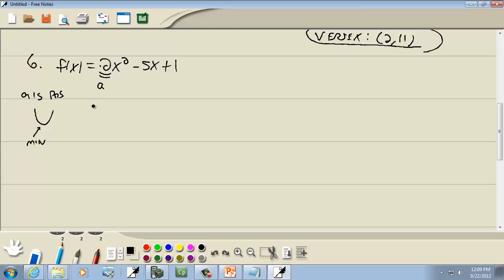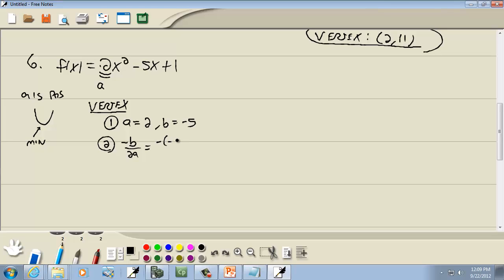Well, let's first find our vertex. Remember, for our vertex, we're going to identify a and b. a is the number that's before your x squared, which is 2. And b is the number that's before your x, which is negative 5. Then the second thing we want to do is plug those values into negative b over 2a and simplify.